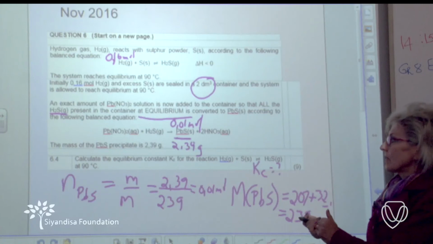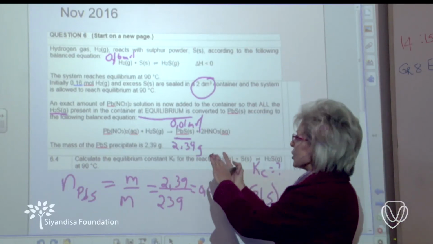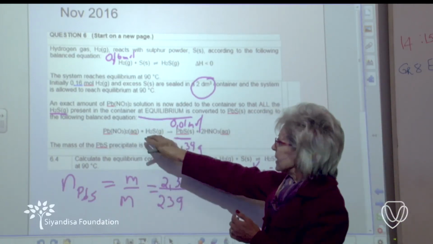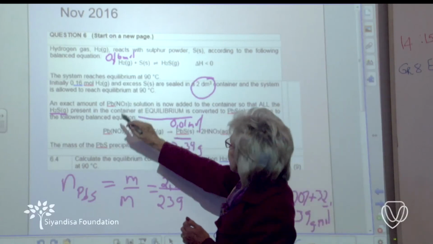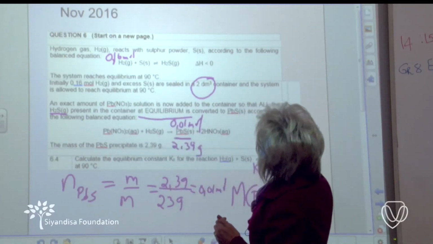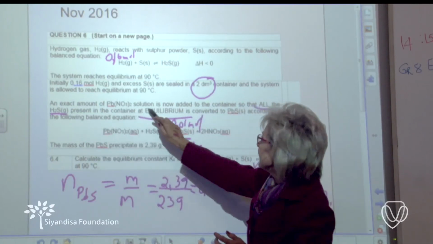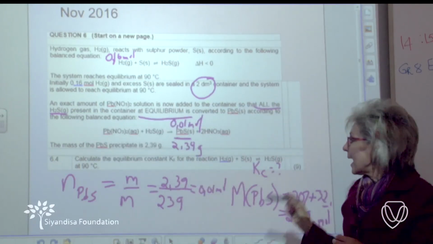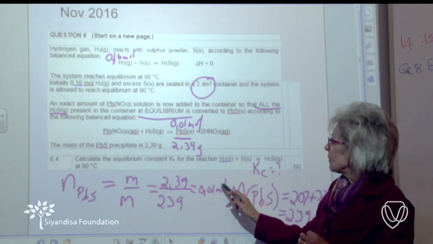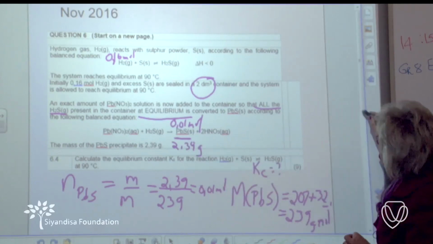I can do nothing with the PbS, but my reaction is with H2S. What H2S is this? This is what I had to remember, is that all the H2S that was present at equilibrium. So I now know I had 0,01 mole of PbS.